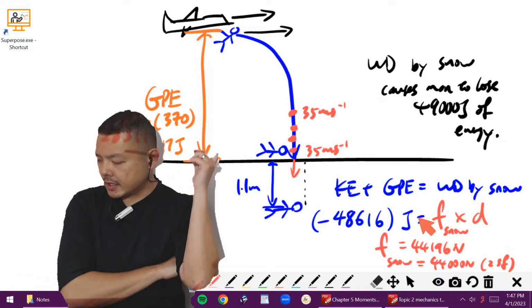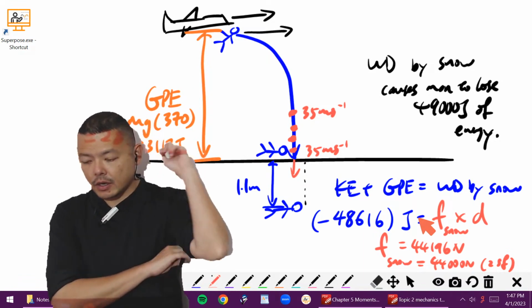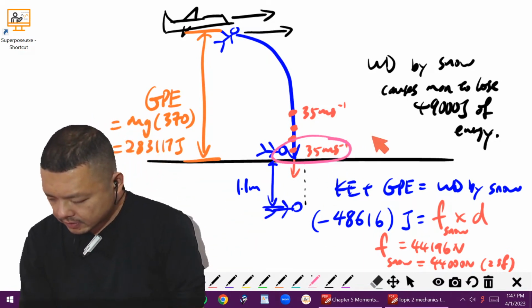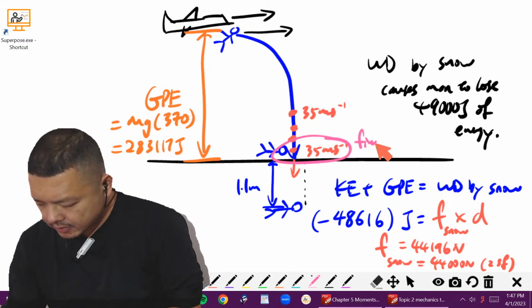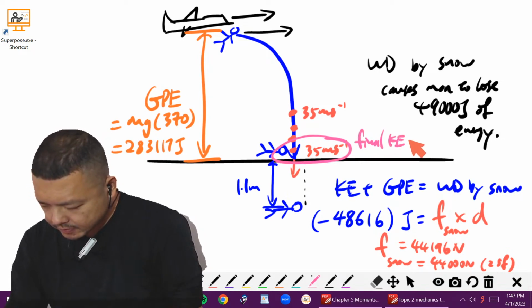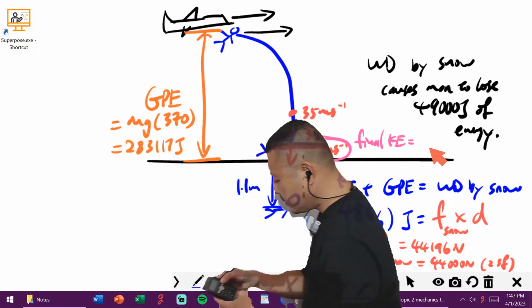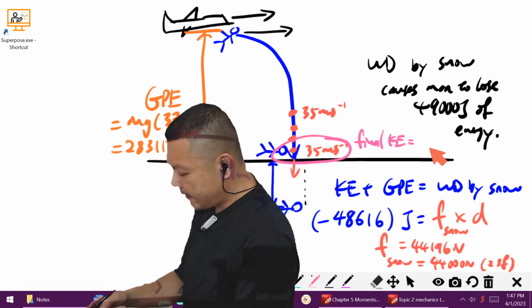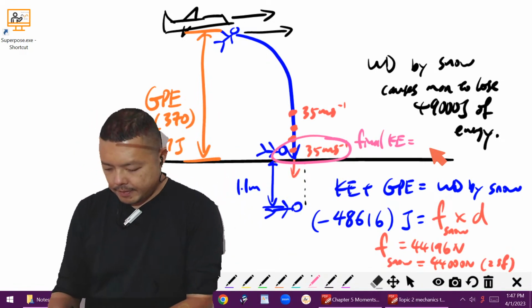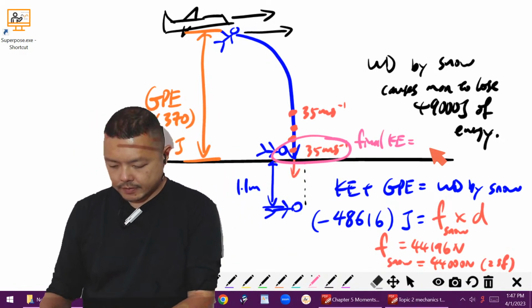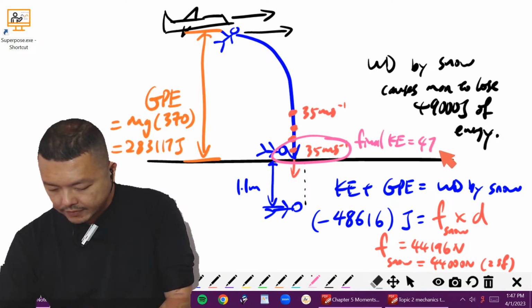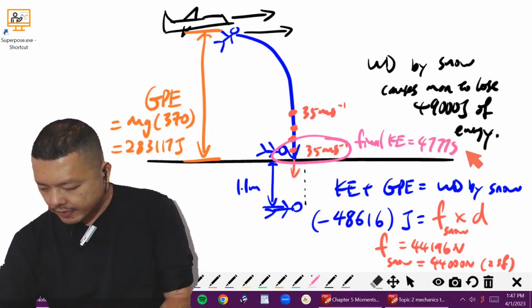So I think the best thing is this. This is the amount of GP, right? You can calculate what's the final KE. Again, what's the final KE? Half m v squared. 47,775 joules.